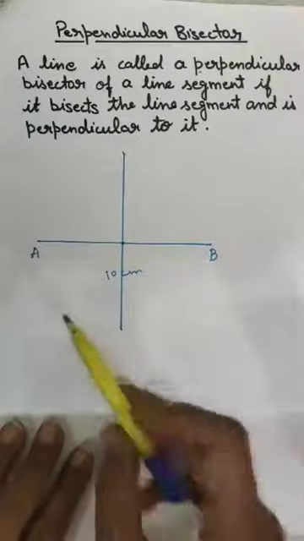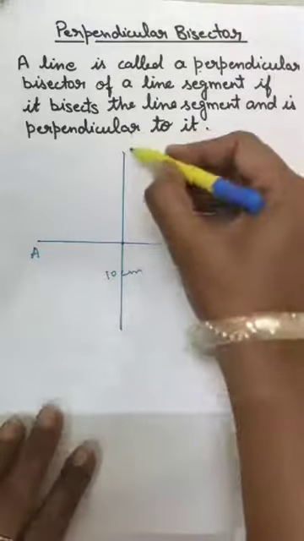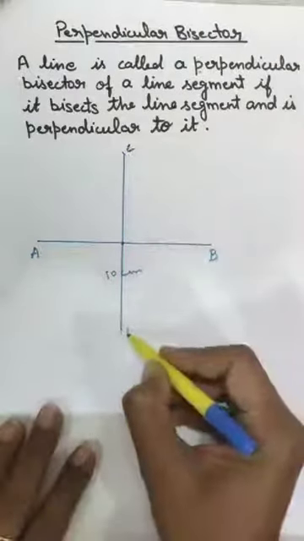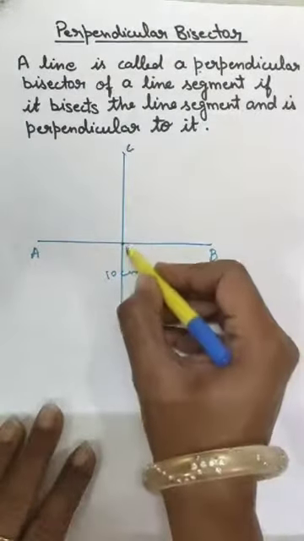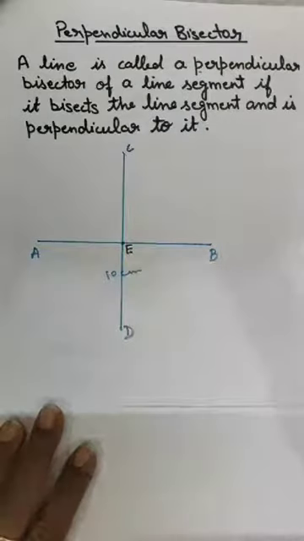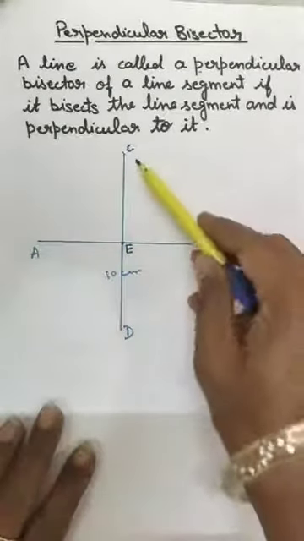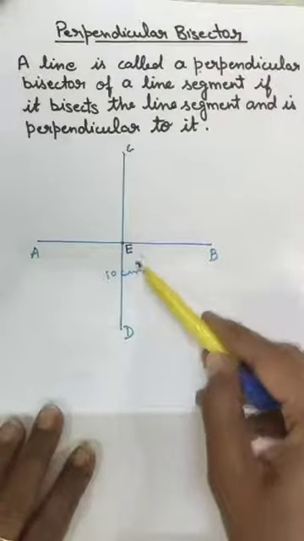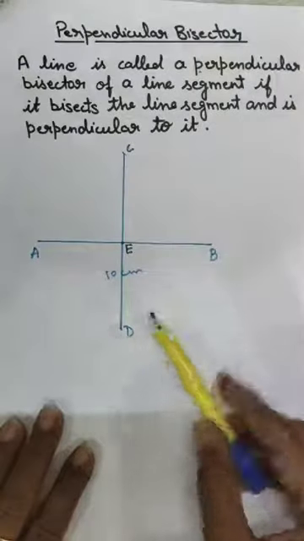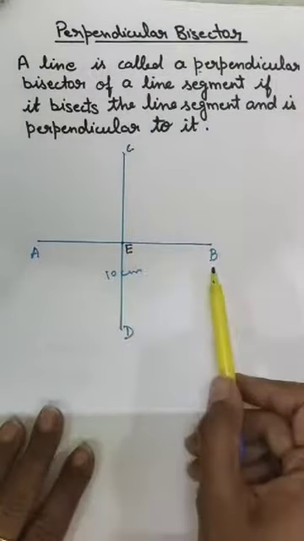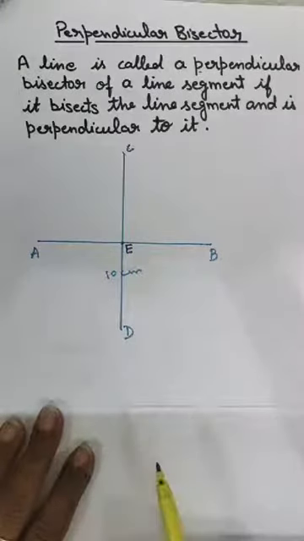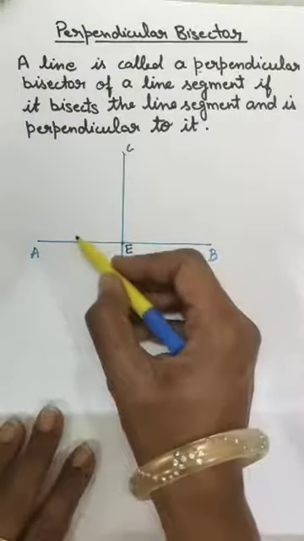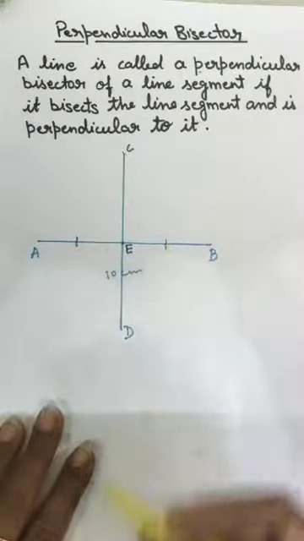So, see this line, I am giving it name C, D, E. So, this CE line, or we can say this CD line, is dividing line segment AB into two equal parts. This AE is equal to EB.